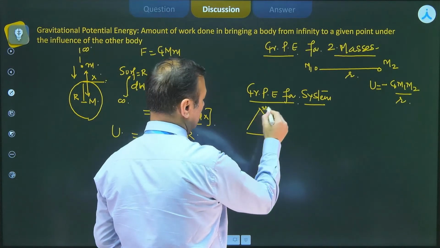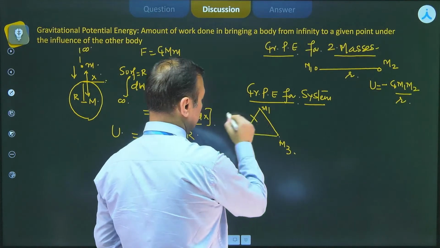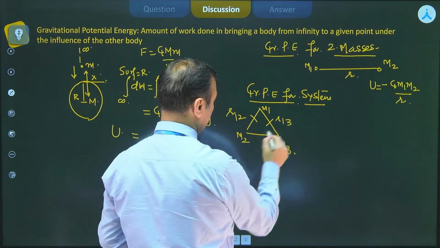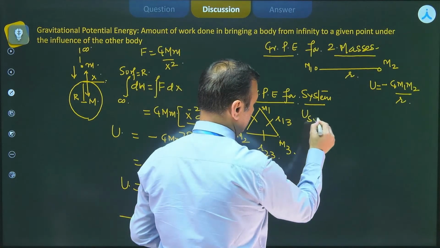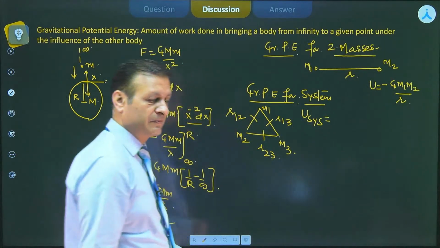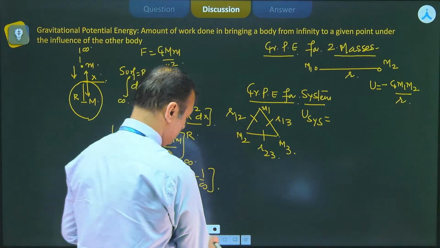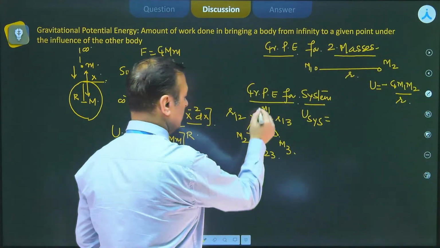Let there be masses M1, M2, M3 separated by R12, R13, R23. What is the gravitational potential energy of the system? For a system, you have to define the pairs.